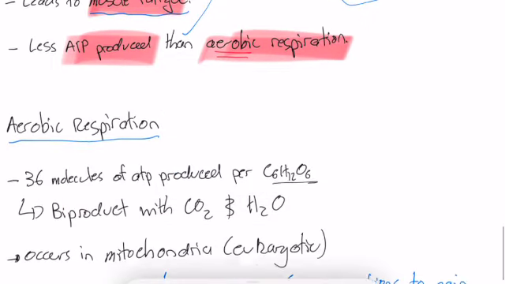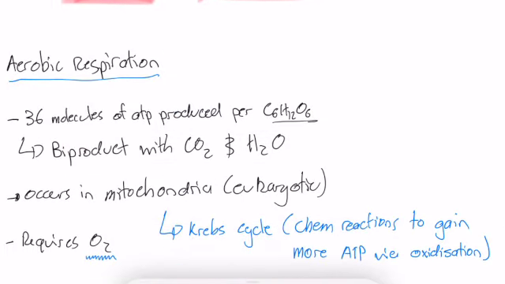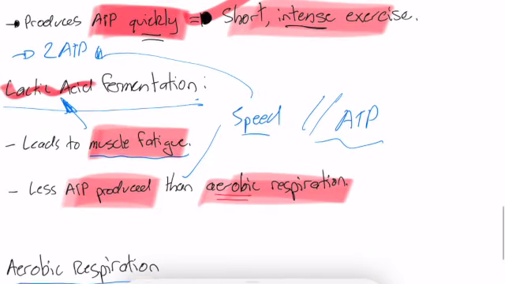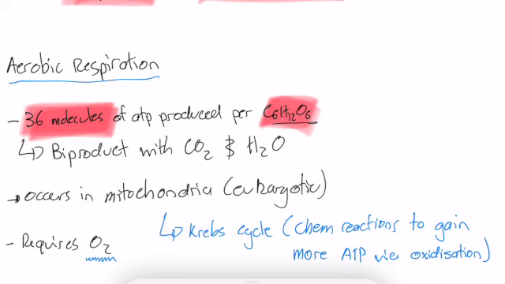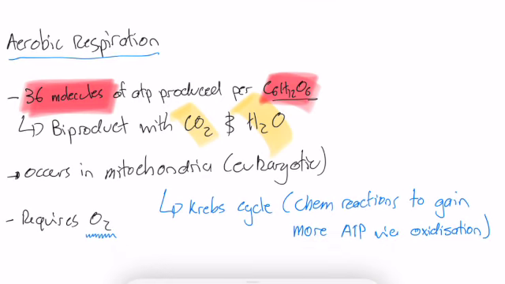Now looking at aerobic respiration, much more molecules of ATP produced, 36 in fact per glucose molecule. So quite a step up from your 2 molecules of ATP. We know that ATP is produced in turn with carbon dioxide and water, and unlike anaerobic respiration in the cytoplasm, it occurs in the mitochondria for eukaryotic cells.